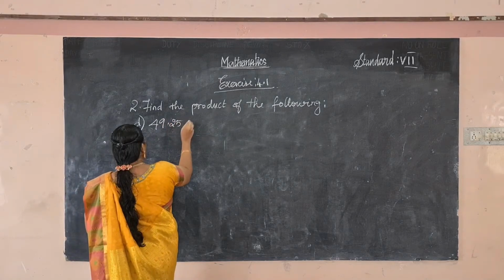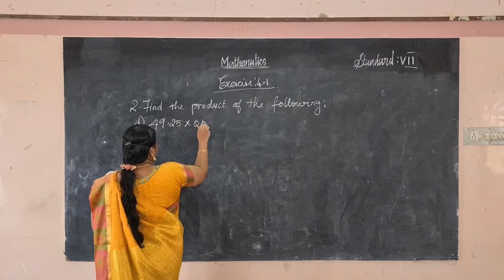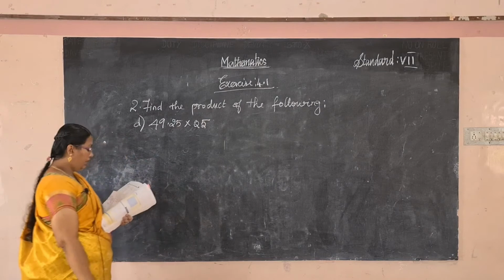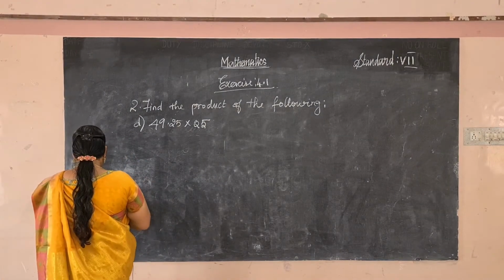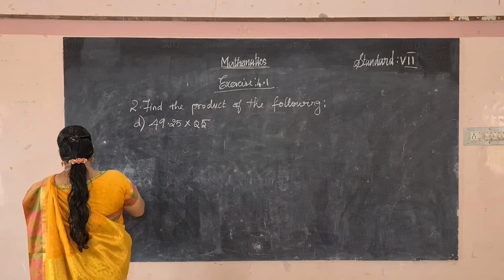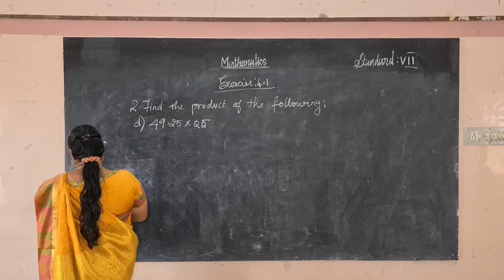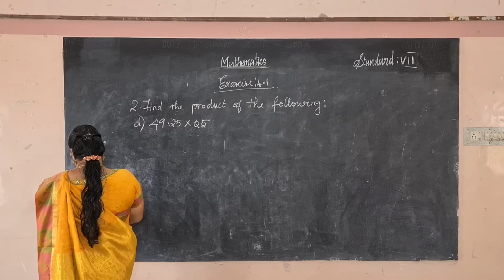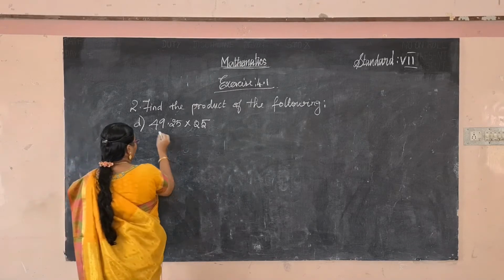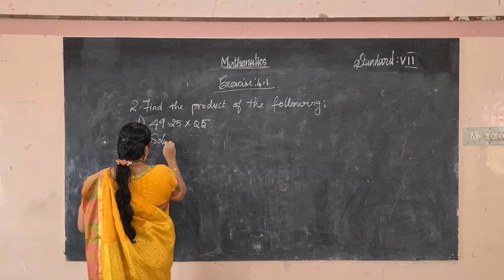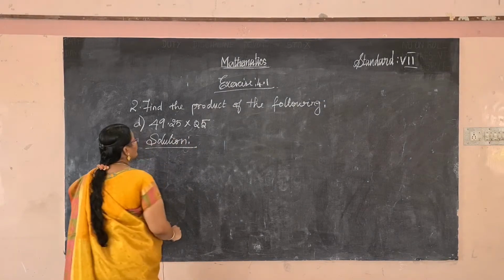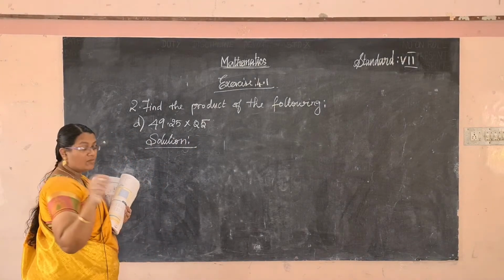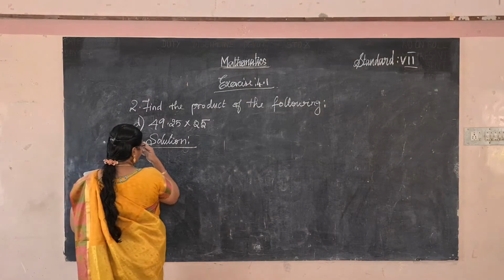49.25 into 25. Okay, so how do you do it? Do not consider the decimal point.